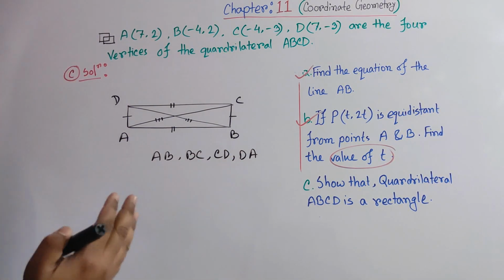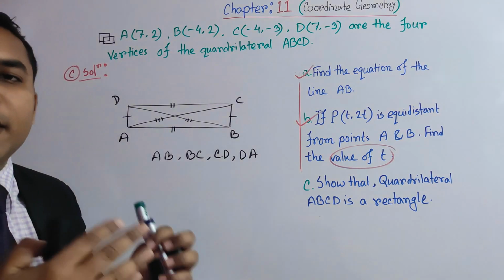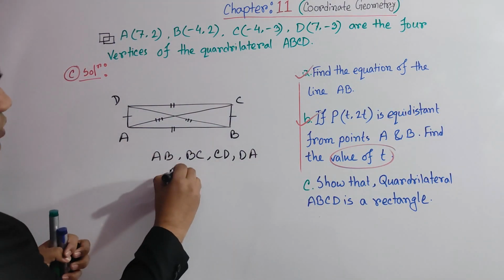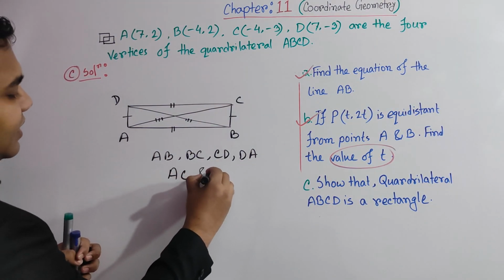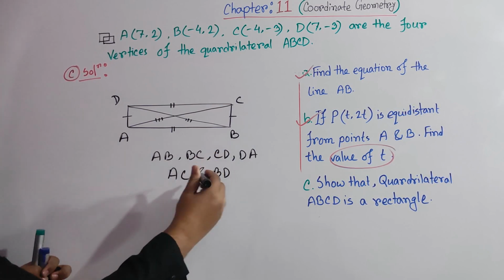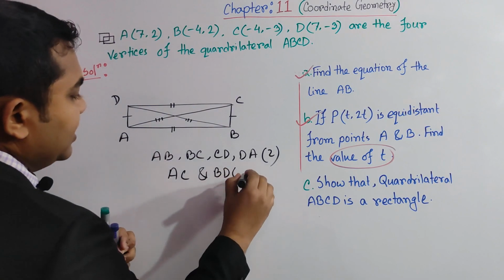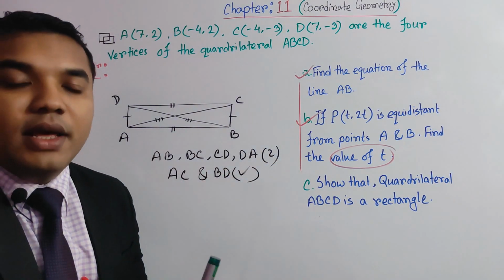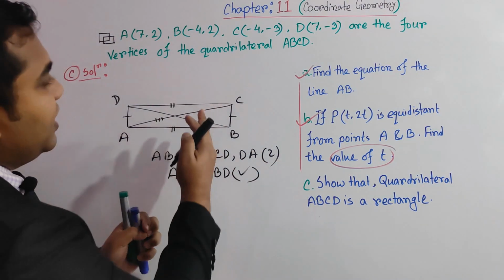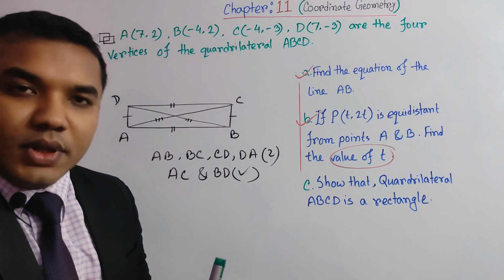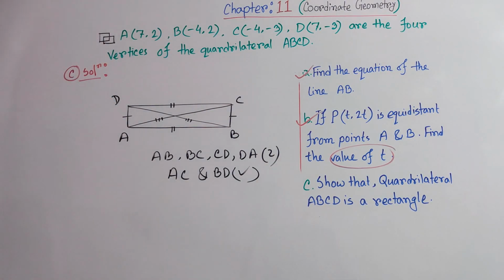From here, if we get two pairs of distances equal, then we'll go for the two diagonals AC and BD. If the two pairs of distances are equal and the diagonals are also equal, then we can say this quadrilateral is nothing but a rectangle. Okay, let's have a look at how we can go for it.